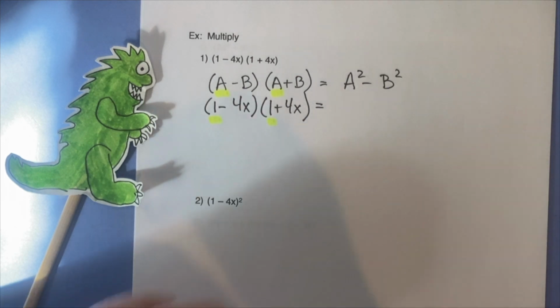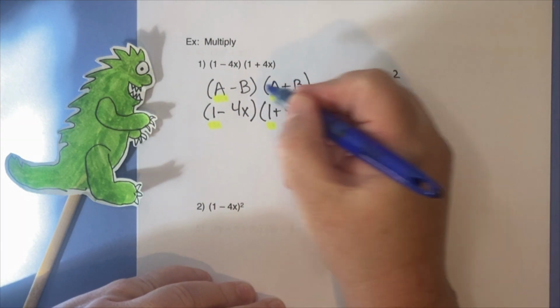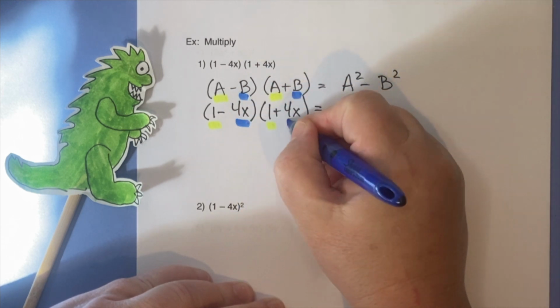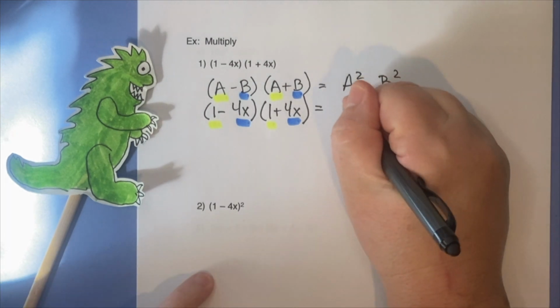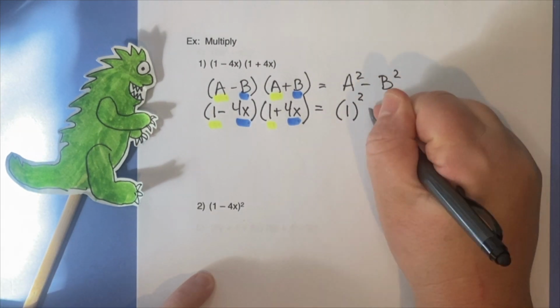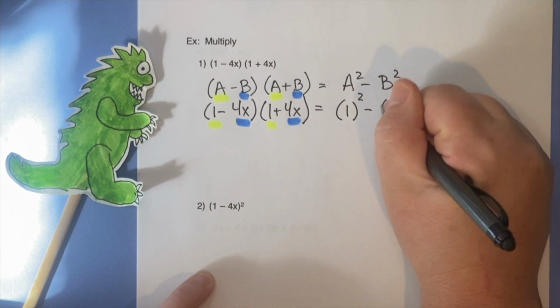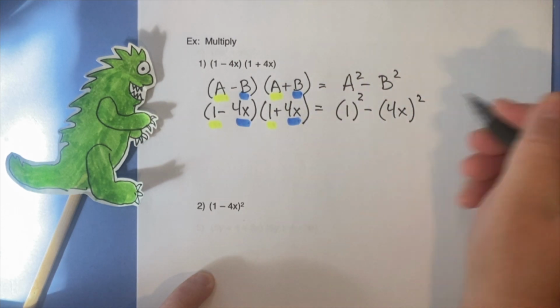And then the B, in this case, is 4x. Notice that the A and the B in this setting don't have signs. I'm not using signs for them. So my A is just the 1 squared, and my B is just the 4x, the quantity squared.